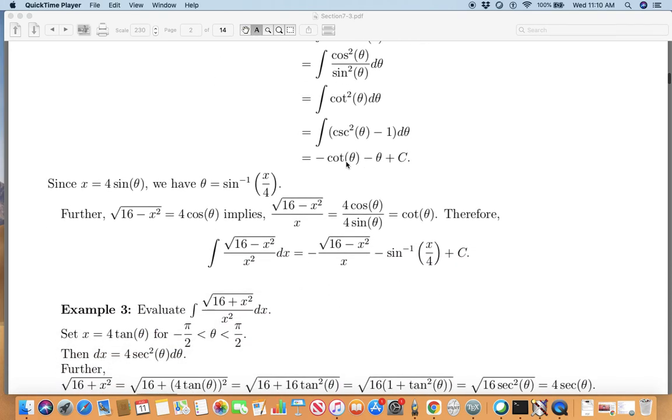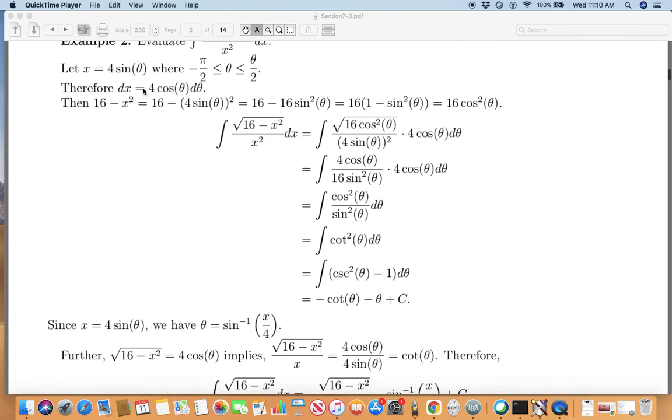So once we have this, you can think of cotangent as 4 cosine over 4 sine. 4 cosine is the square root of 16 minus x squared. 4 sine is x. That was our initial substitution, right?